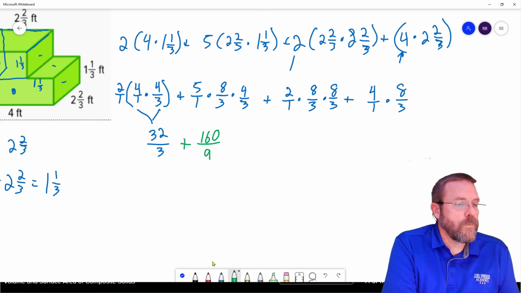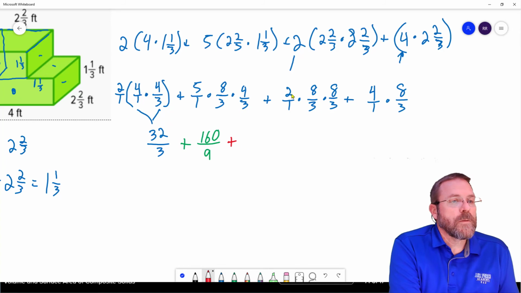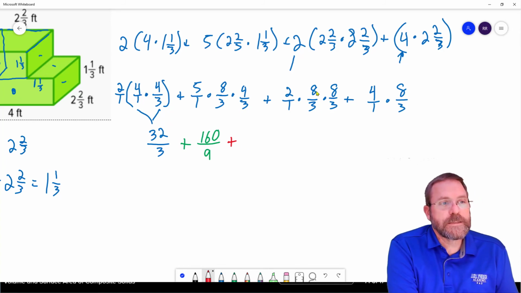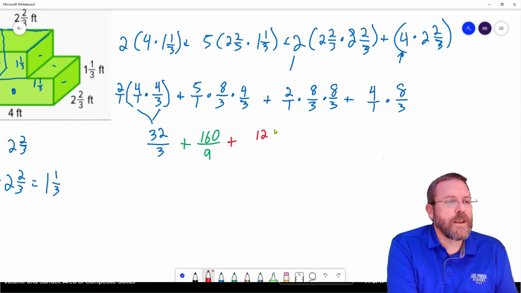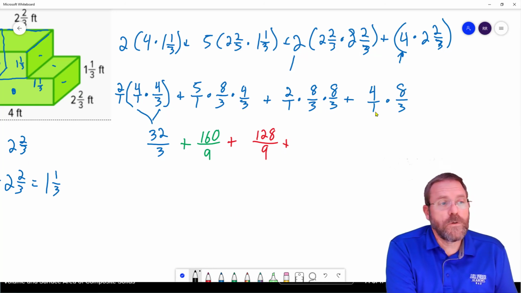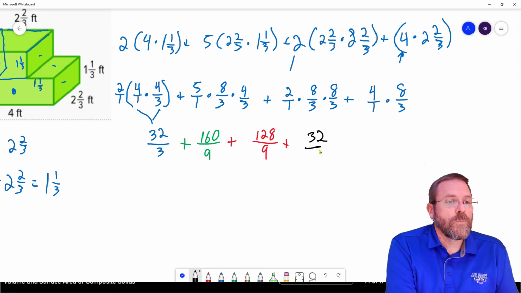So there's that one. Next one is going to be 2 times 8 is 16. And actually, let's do this different. Let's do 8 times 8 is 64. And 64 times 2 is going to be 128. It's easier that way. Over 1 times 3 is 9 again. And then from there, the last thing we have, 4 times 8 is 32 over 3.